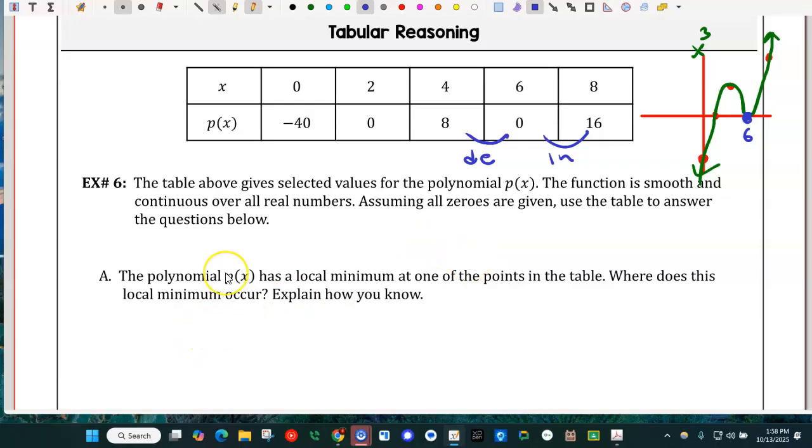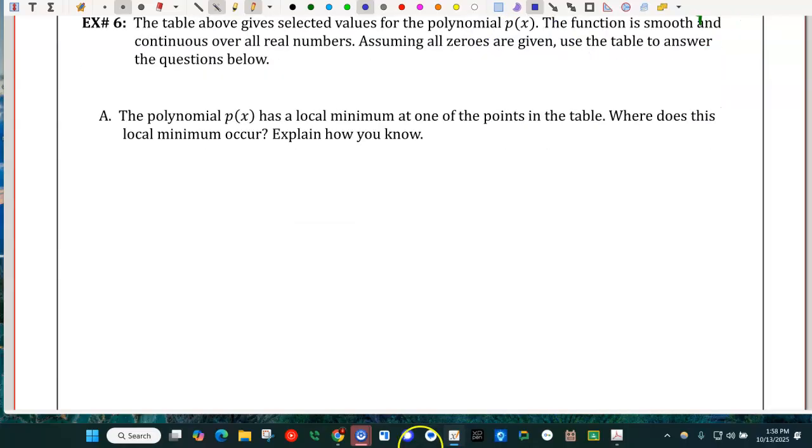And you can write that out in many different ways, like: we know it has a local min at x equals 6 because on the table it goes from decreasing to increasing, something of that nature. I'm going to let you write that out the way you want to write it.